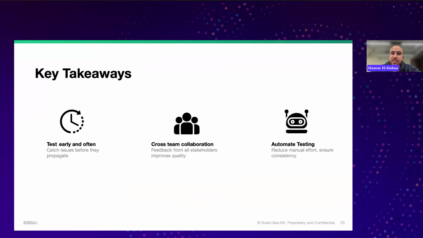And then using our collaboration features or discussions, you can get feedback from your stakeholders, and you can make your data quality meet the standard that is expected by the consumers from the producers. And then finally, by automating this testing, you reduce manual efforts, your resources can go into more productive activities, and you can ensure consistency throughout various regions or stores, let's say.